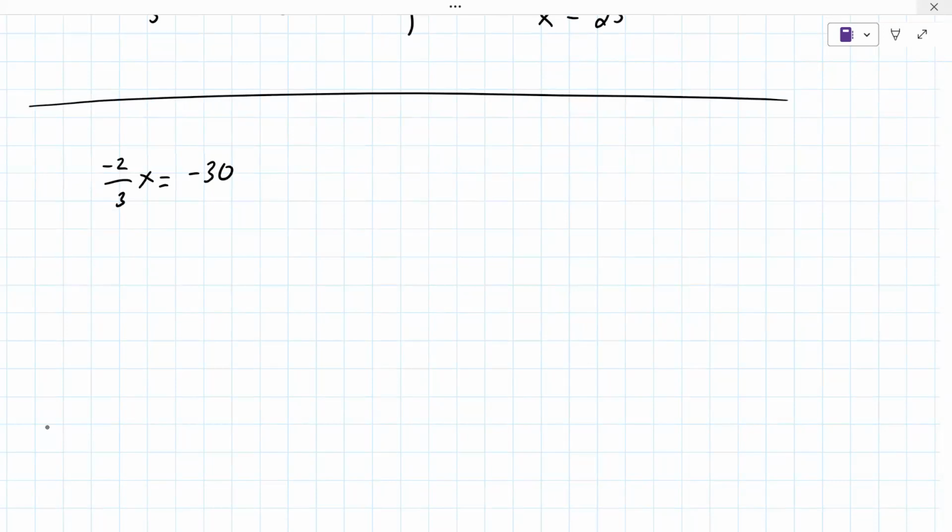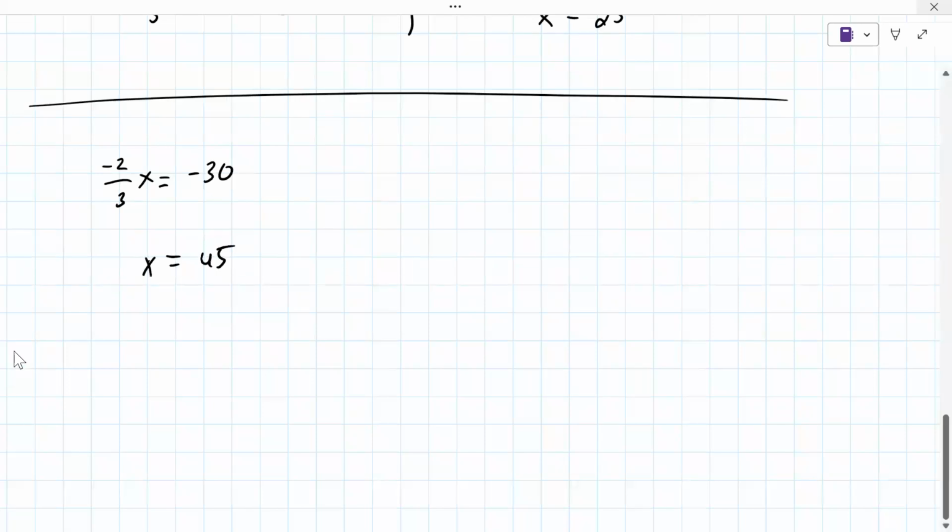Give that a try, please. X would equal 45.